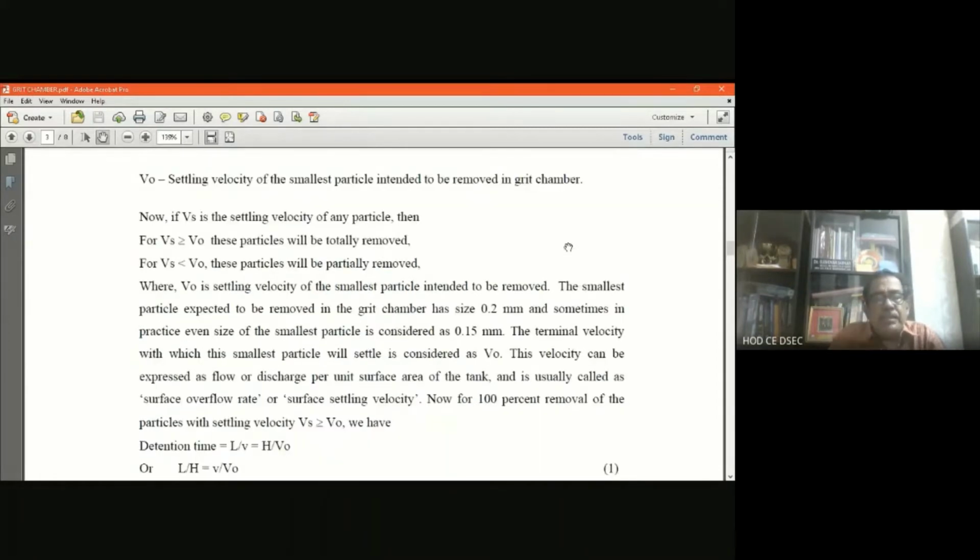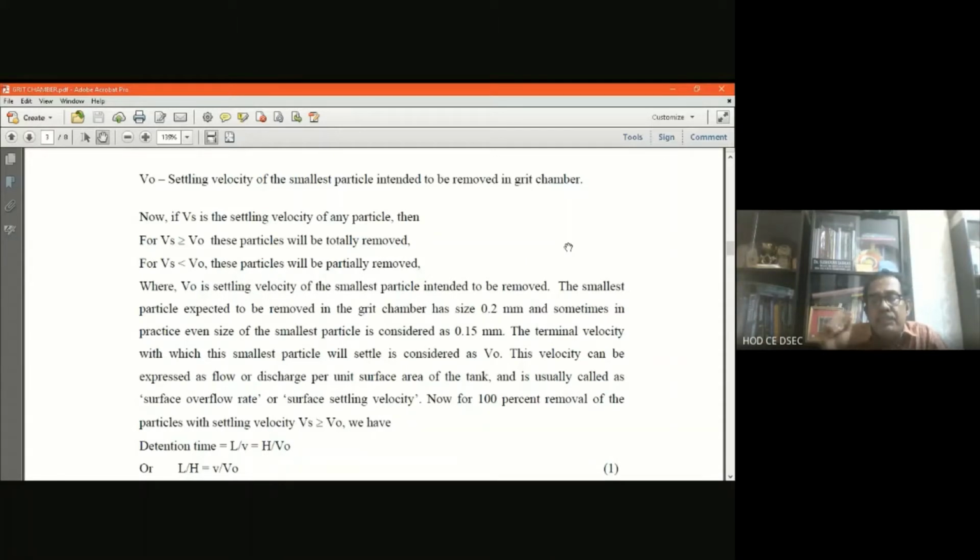So what is the concept of V0? It is the settling velocity of the smallest particle intended to be removed. The smallest particle expected to be removed in the grit chamber has a size of 0.2 millimeter, and sometimes in practice the smallest particle considered is 0.15 millimeter.